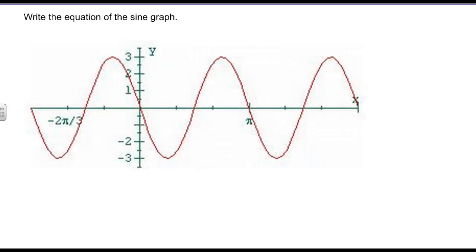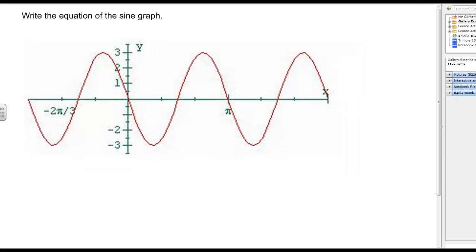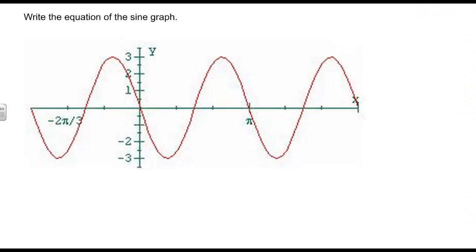And then finally, we're going to write the equation of a sine graph given this picture here. Now, the important thing to do on this problem is to identify what your period is going to be. We know a period means you're taking a look at one cycle.